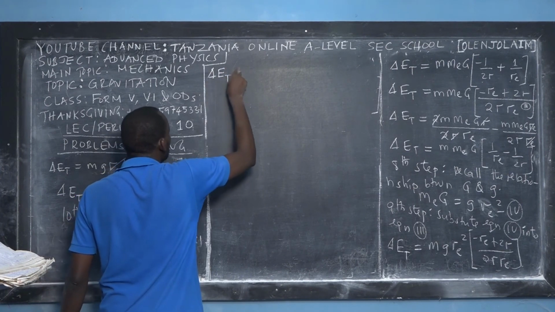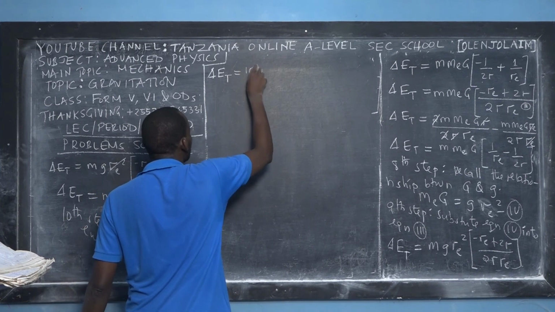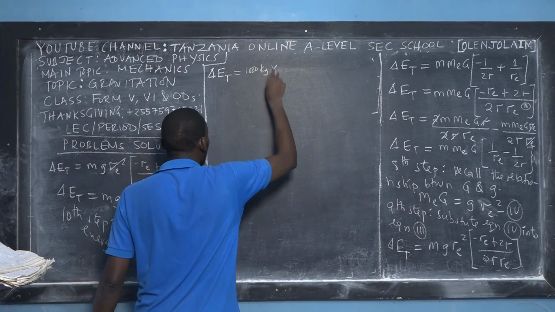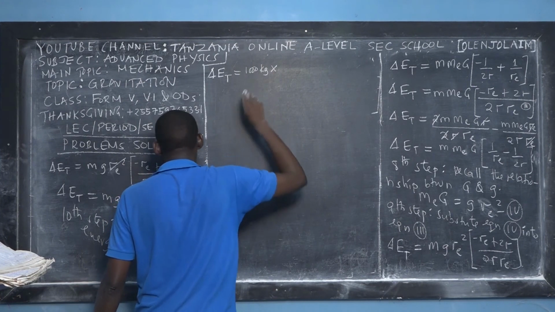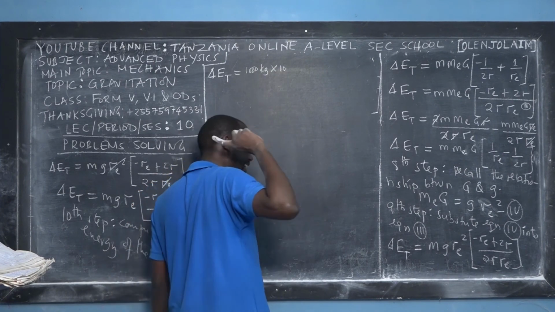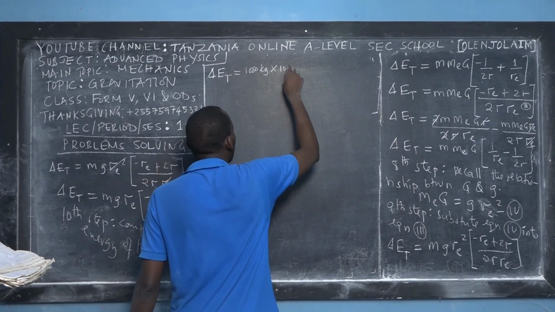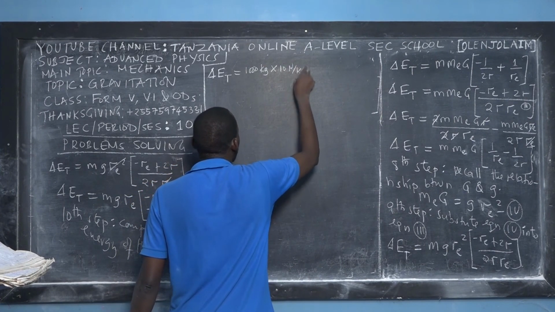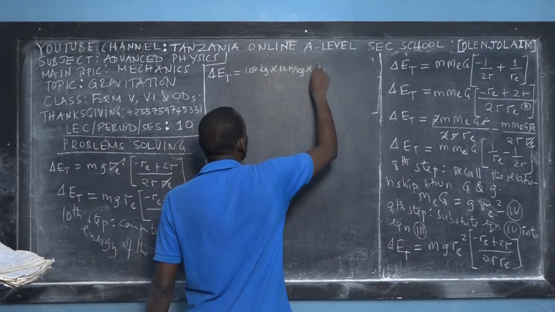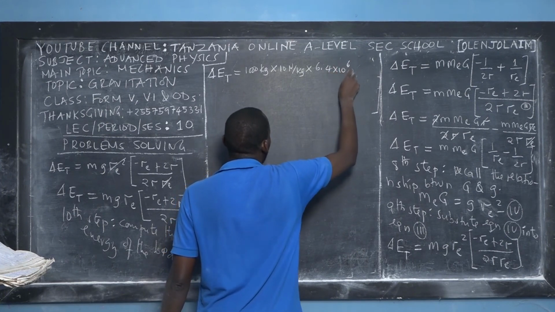Okay, the change in energy is equal to the mass of the satellite, 1,000 kilograms, excuse me. Acceleration due to gravity, we have been given 10 meter per second squared or 10 Newton per kilogram. Understand that? 10 Newton per kilogram. And then we multiply with the radius of the Earth, which is 6.4 exponent 6 in other words.